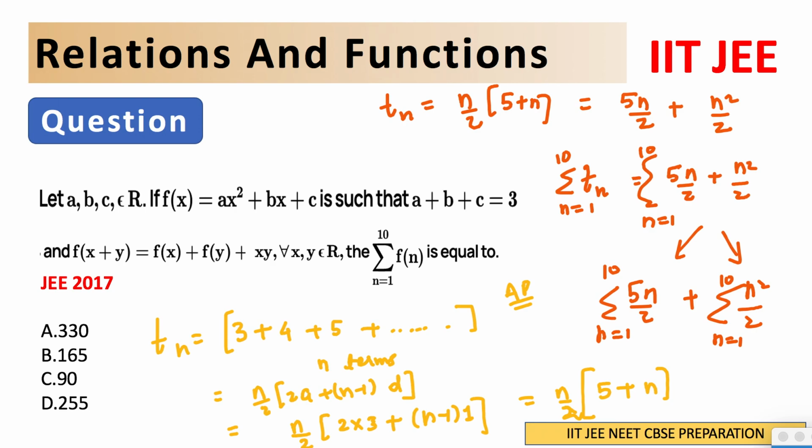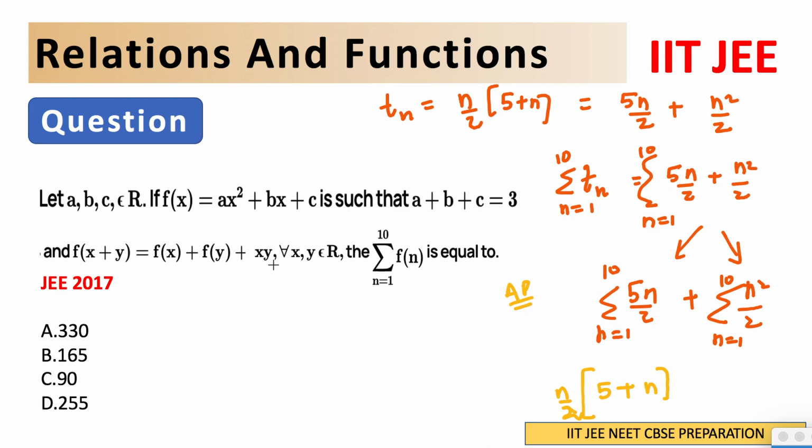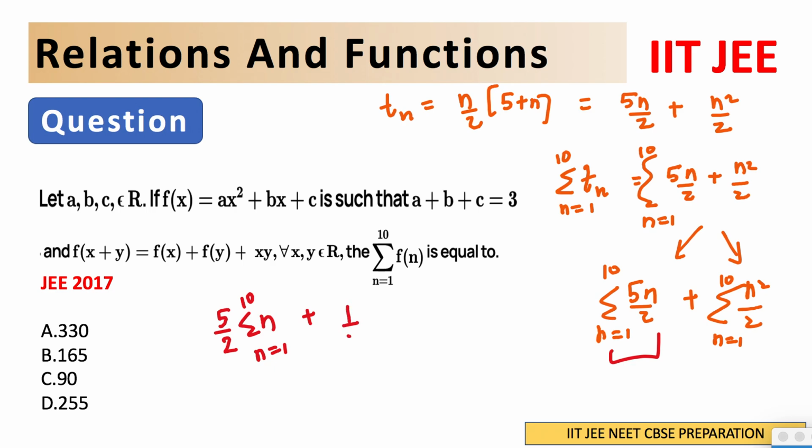So let me just erase this part, and let's write it here. What we are going to get now is 5 by 2, which is constant, take it out, summation of n from 1 to 10, plus 1 by 2 you take out, summation of n square from 1 to 10.